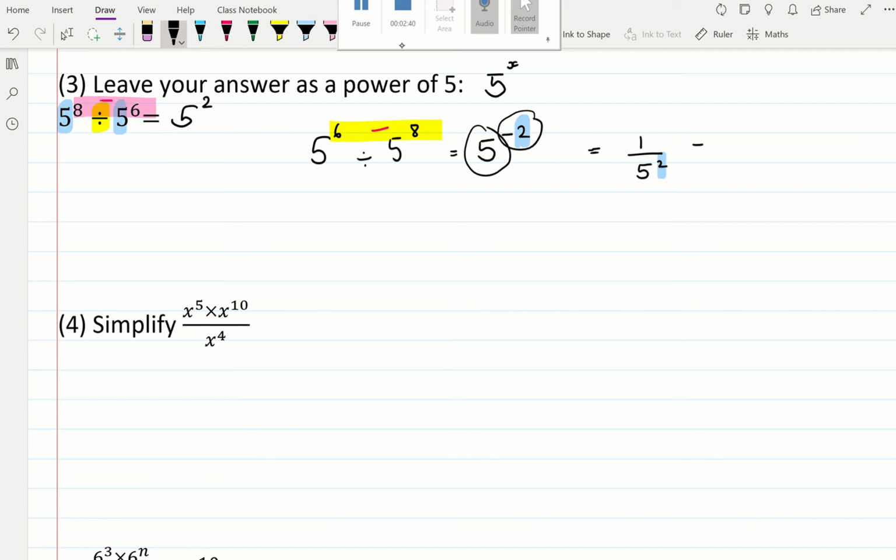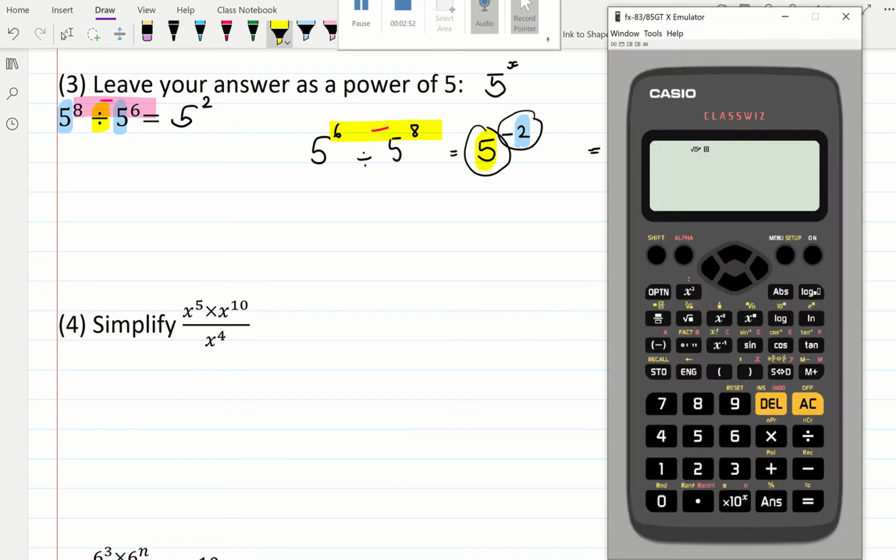And 5 squared, 5 to the power of 2, is 25. Not 10, it's 5 times 5. But again, if it's a number, and it is a number here, you can put that into your calculator. So you can say 5, and you can use this x with a little box for the power, and you type minus 2 and equal, and it gives you 1/25.